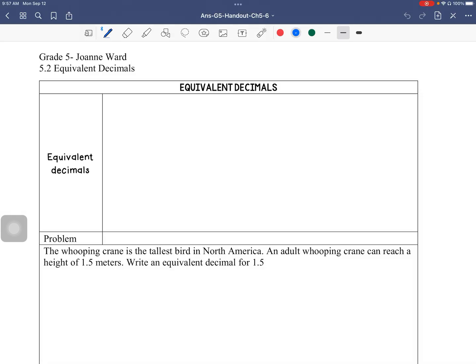So grade 5, 5.2, I want to talk about equivalent decimals. So what is equivalent decimals? Equivalent decimals are the decimals that name the same number or amount.